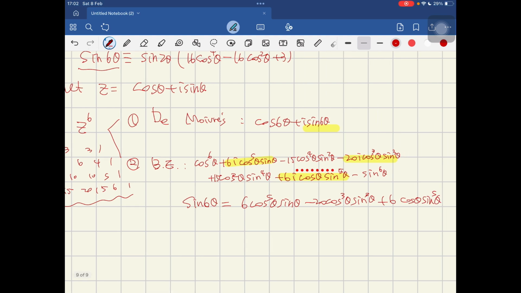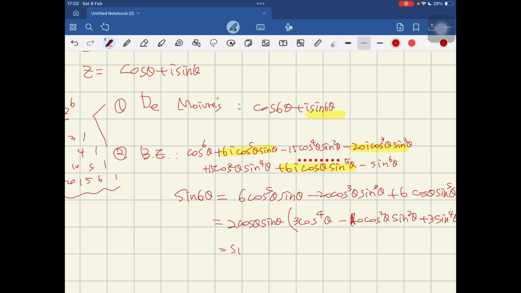When you write the imaginary part, you don't need to write i. Imaginary part doesn't include i. So now we make it 2 cos theta sine theta, because we have this one, and cos to the power of 4 minus 20 cos squared sine squared plus 3 sine 4.